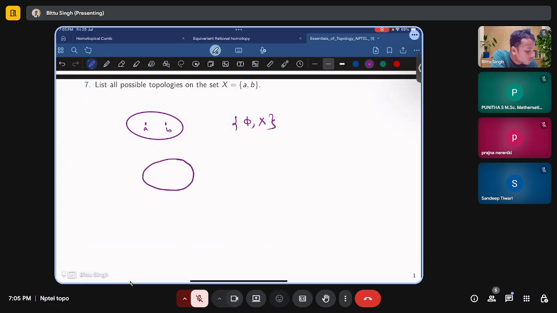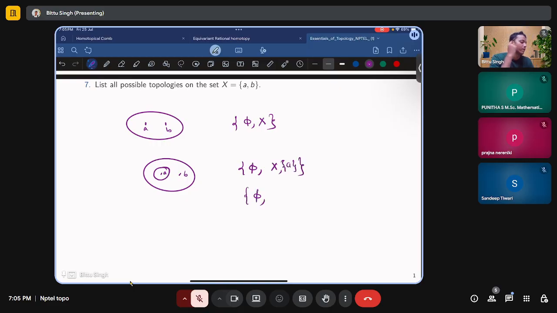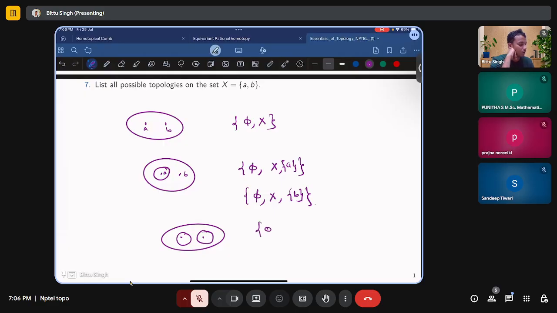Another choice will be to take everything, that is empty set and X, and also pick the set A. So this is our A. So {empty, X, A}. There are other choices, {empty, X, B}, and another one is the discrete topology. Exactly. We choose A, we also choose B, and everything: {empty, X, A, B}. So this set corresponds to this picture.